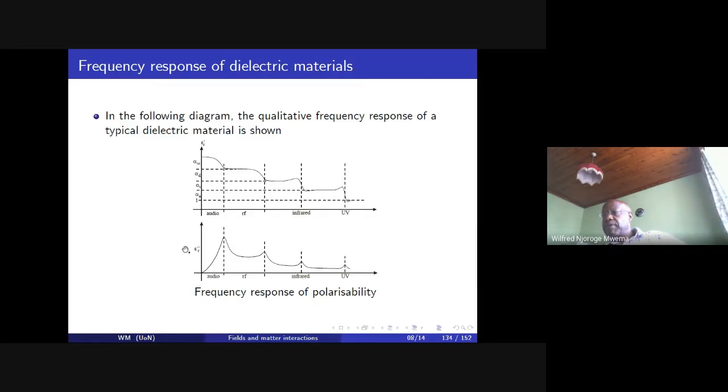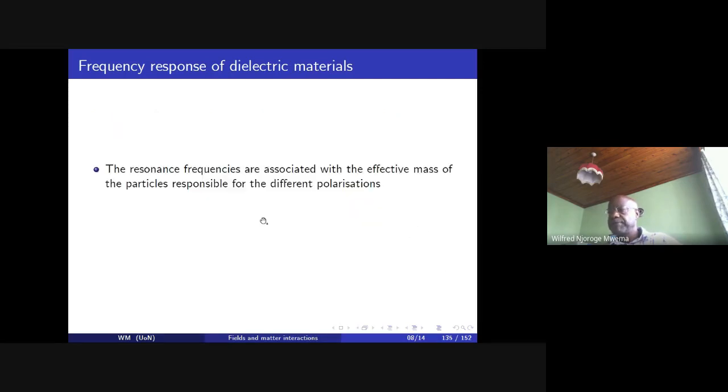And the epsilon double prime, that is the loss component, will also have that kind of behavior. Of course, the resonance peaks are not going to be sharp because of the different time constants that we have in the changes. So the resonance frequencies are associated with the effective mass of the particles that are responsible for the different polarizations.